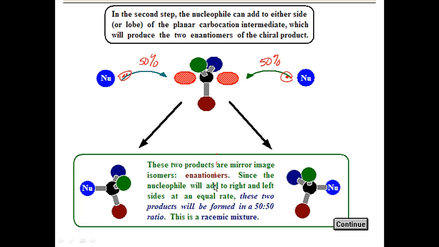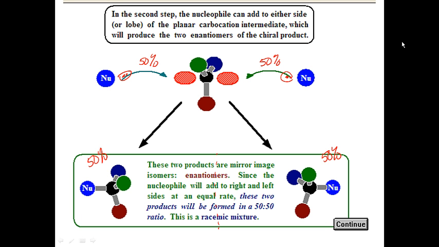They're mirror images. Since there's no preference for adding to either the left or the right lobe, I'm going to get 50% of one enantiomer, 50% of the other enantiomer, therefore I'm going to get a racemic mixture of the two products.